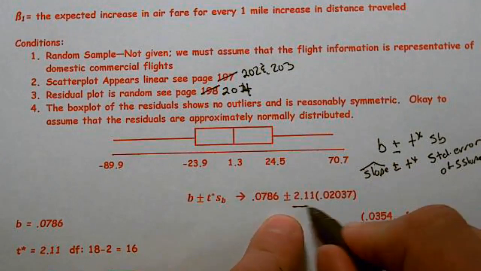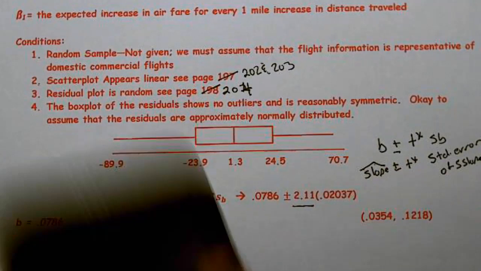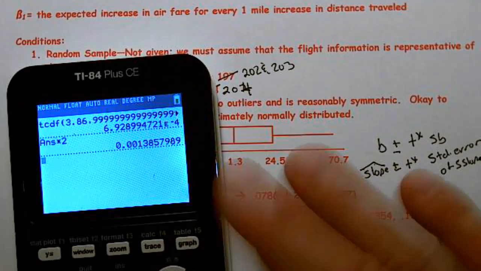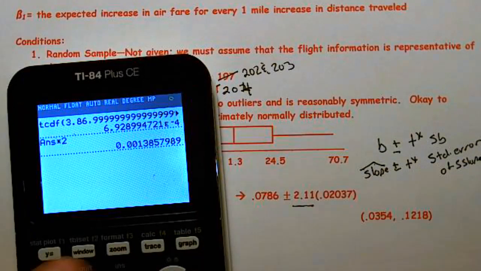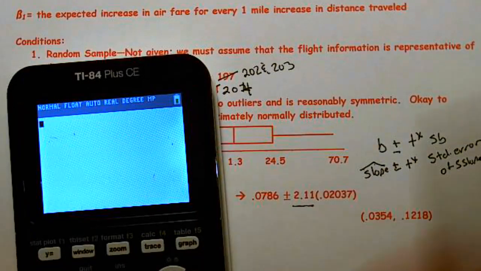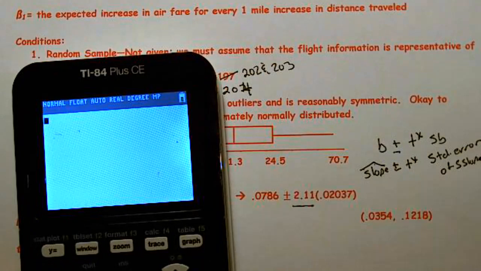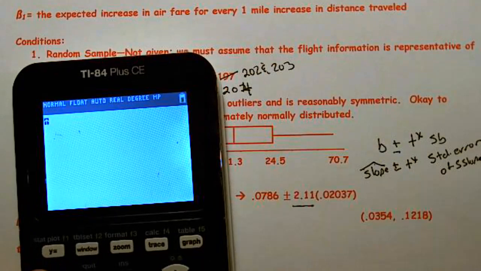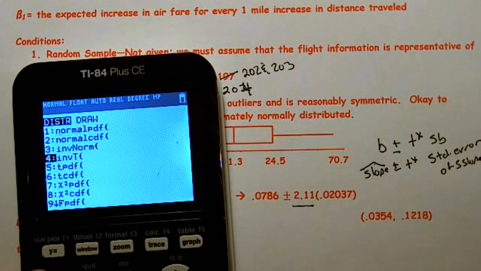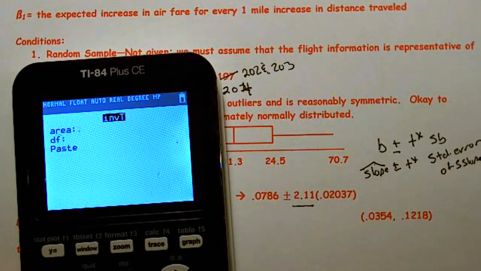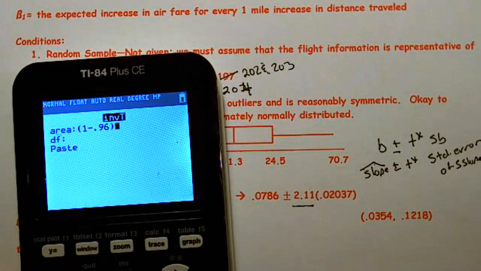So where did I get t star? I'm going to get t star the way I always have, calculating t star, except my degrees of freedom is really important in this. So second vars, inverse t, the area, parenthesis, and we are doing a 96% confidence interval, 1 minus 0.96, close parenthesis, divide by 2.